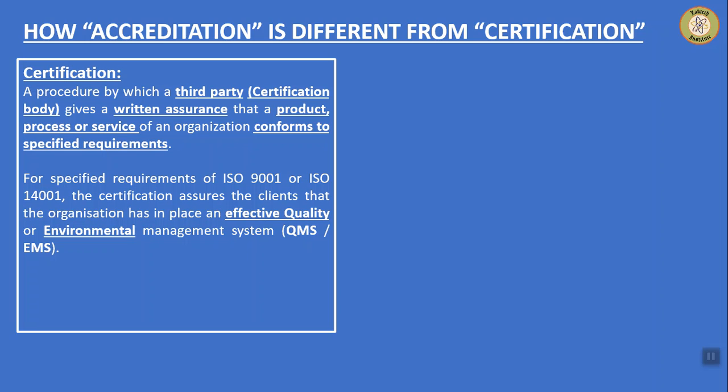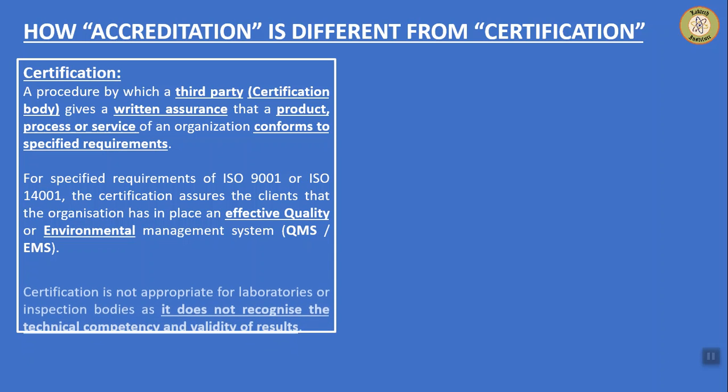For specified requirements of ISO 9001 or ISO 14001, the certification assures the clients that the organization has in place an effective quality or environmental management system, that is QMS or EMS.